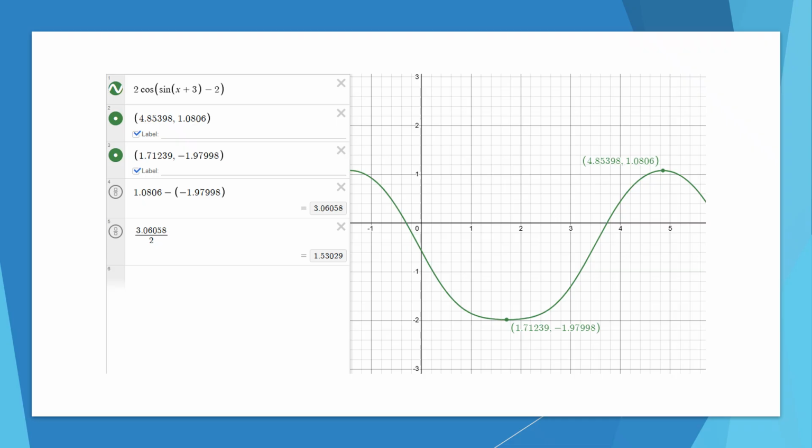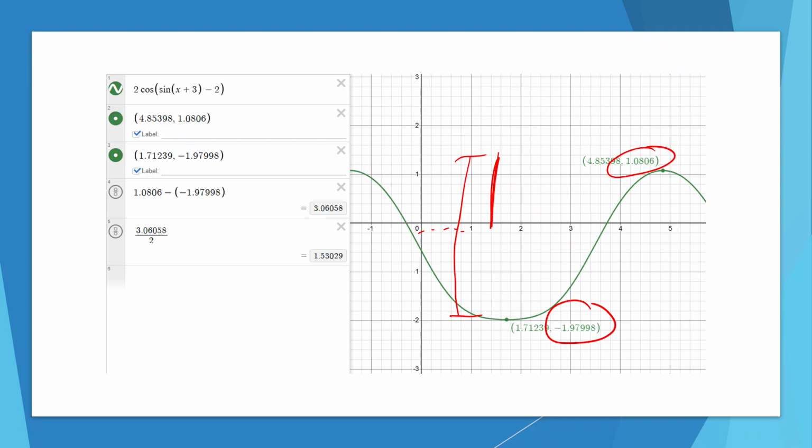Once we have this equation graphed, to find the amplitude, remember just take the minimum and the maximum and then find the middle number and the distance between them. So here we're going to take our y values. We have 1.0806 as our maximum, and then we have negative 1.97998 as our minimum.